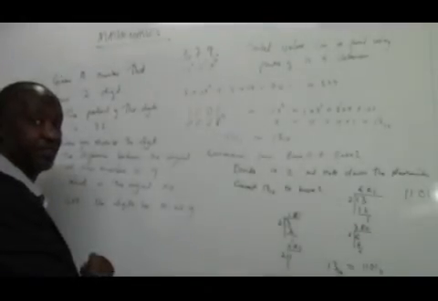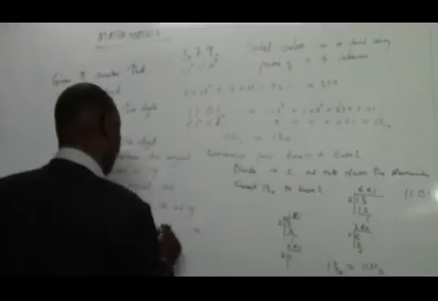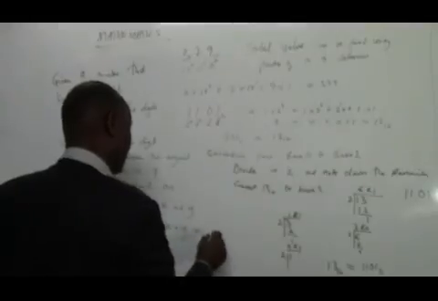Then equation 1, the product: if you multiply the two numbers, you get x times y is equal to 72. That is equation number 1.